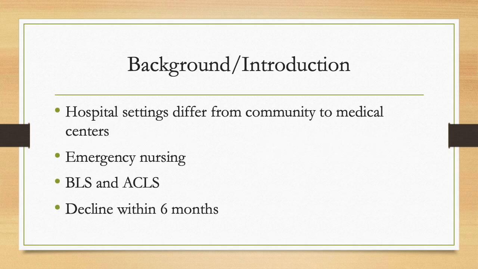So as we look at things, settings impact these skills. You could be in a community hospital versus a medical center. Medical centers might see multiple trachs and multiple chest tubes, multiple times where they're having to perform cardiopulmonary resuscitation compared to a community hospital.